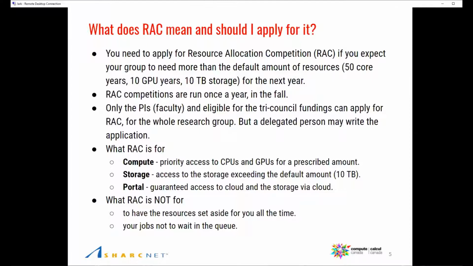The RAC is not for you to have the resources set aside for you all the time. It is not going to happen that I say I want 100 core years of compute time, then I get the resource allocated, and then for the entire year I can use it anytime I want.